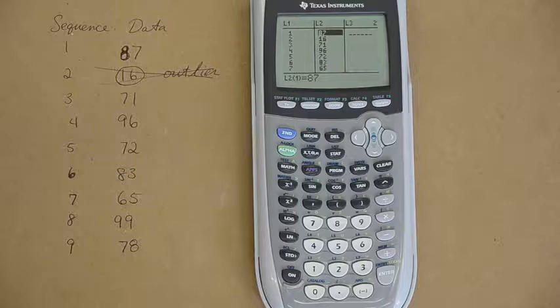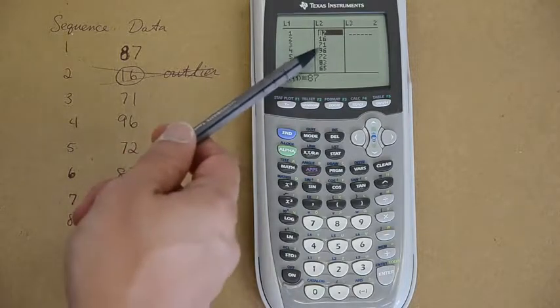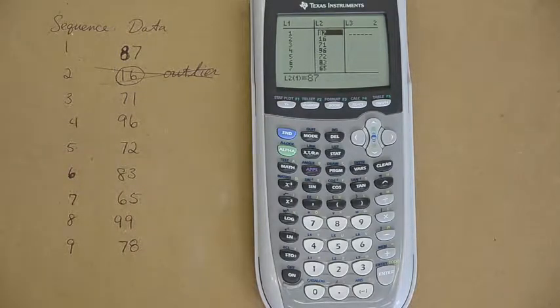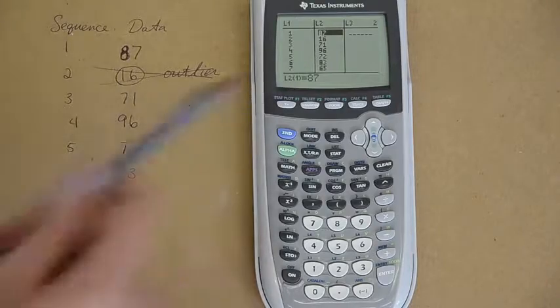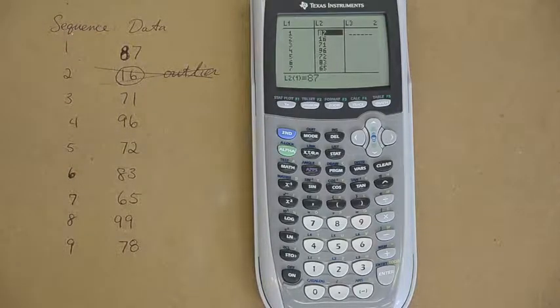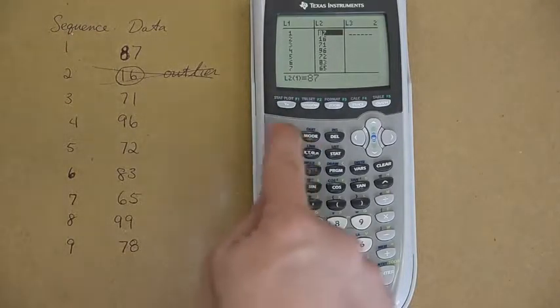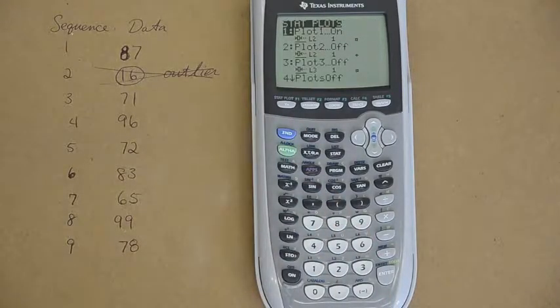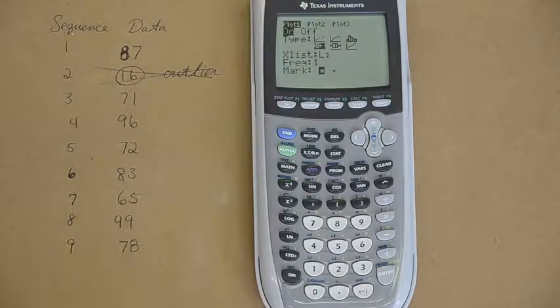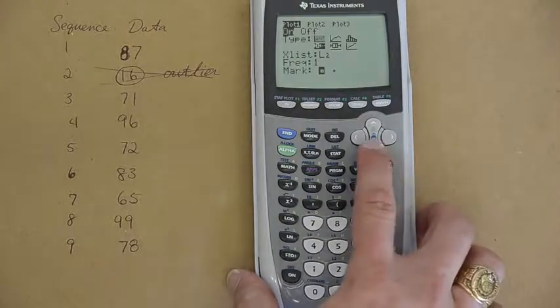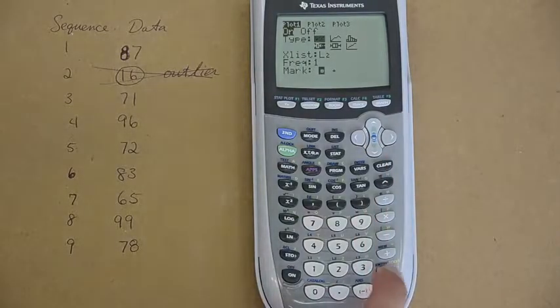So I want to display the L1 and the L2 list at the same time. I want to make a scatter plot where the time is the x-axis and the data is going to be on the y-axis. So second stat plot, I'm going to go back to stat plot 1. I'm going to turn on the scatter plot option, which is the first one in the first row. And now see what it's doing?